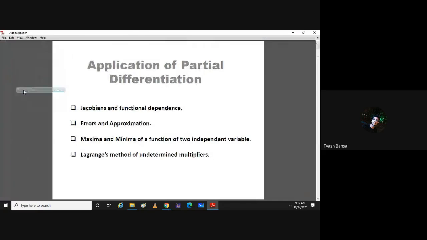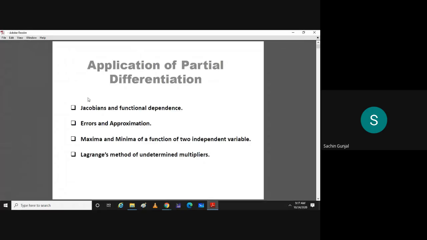So name of last module is application of partial differentiation. In that we'll be covering 4 important applications. Some of them are maybe familiar to you, like errors and approximation or maximum minimum function of one variable that you have already studied. So we are going to extend same idea.